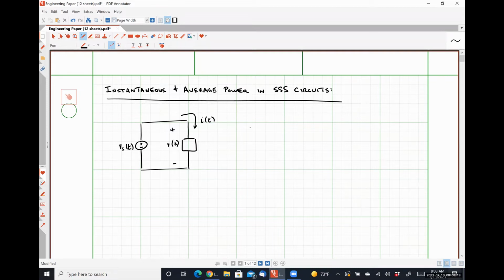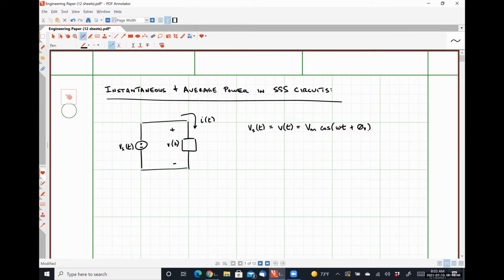I would like to explicitly state that Vs of t, which we could obviously see is going to be equal to V of t through Kirchhoff's voltage law, will be of the form Vm cosine omega t plus theta v volts.